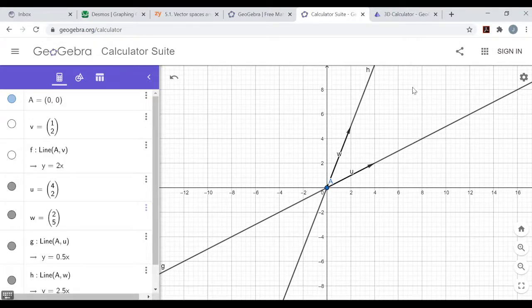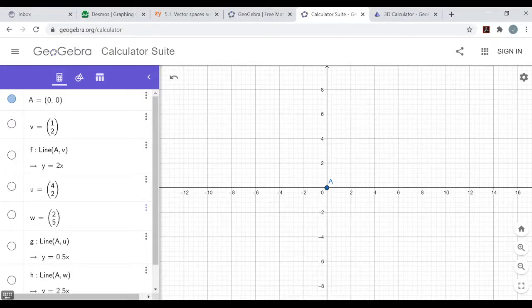To get to any point on the plane, I would go so many U's, so many 4, 2s down this axis, and then so many W's, or so many 2, 5s up this line, and see where they meet, and I could get to anywhere on the plane that way. So the span of those two vectors is the entire space R2.